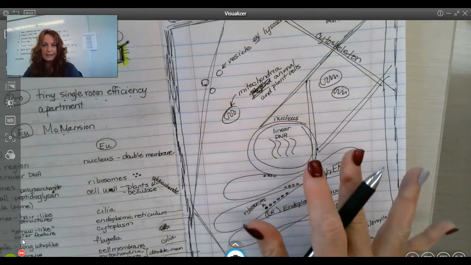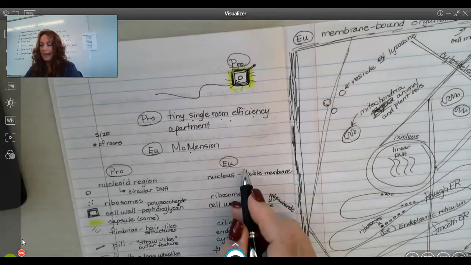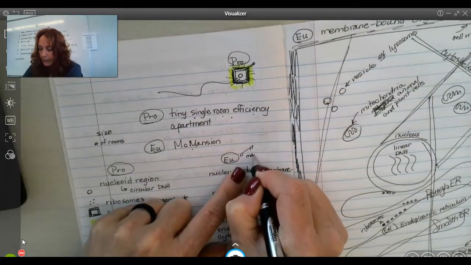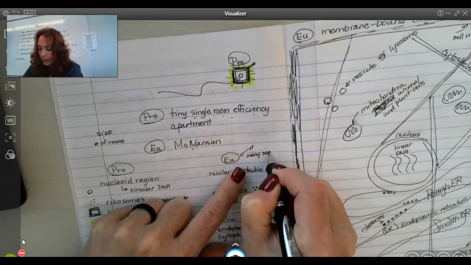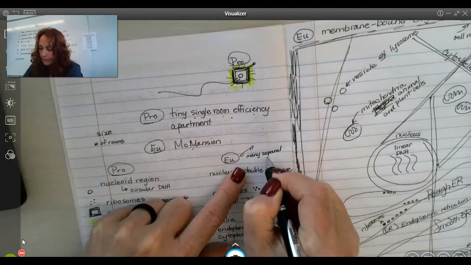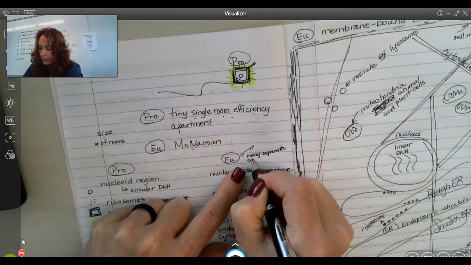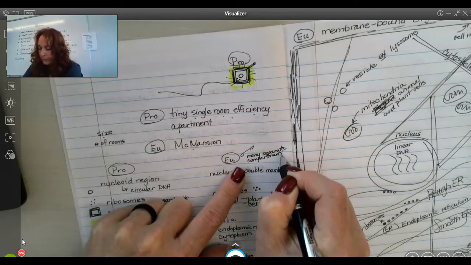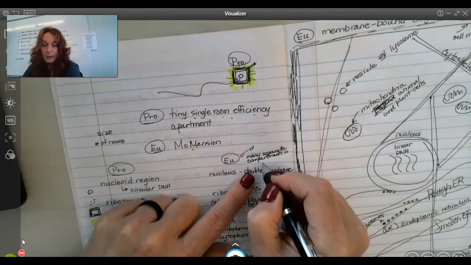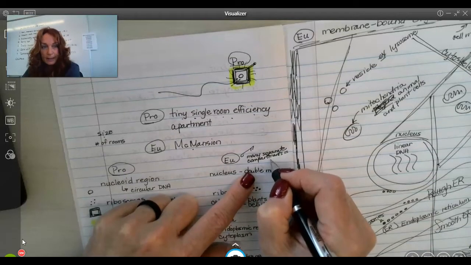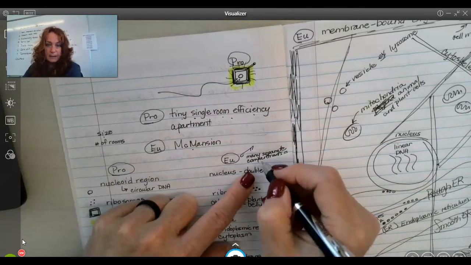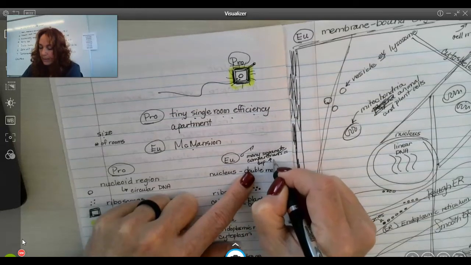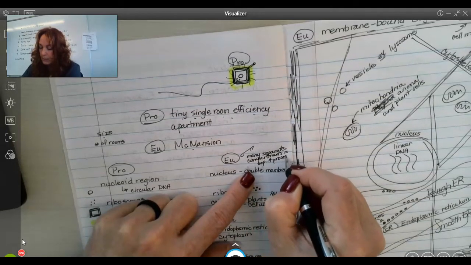So you have all these separate compartments. That's the key to this. You have many separate compartments, which equals the ability to separate different processes.